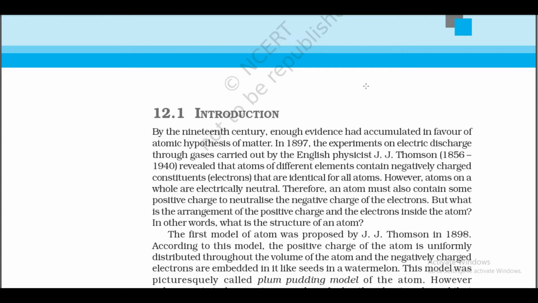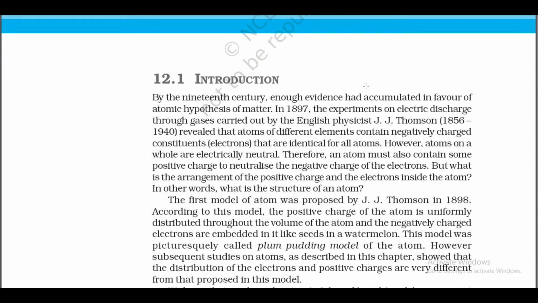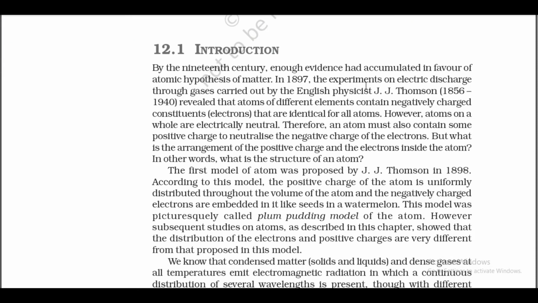Therefore, an atom must also contain some positive charge to neutralize the negative charge of the electrons. But what is the arrangement of the positive charge and the electrons inside the atom? In other words, what is the structure of an atom? The first model of atom was proposed by J.J. Thomson in 1898.